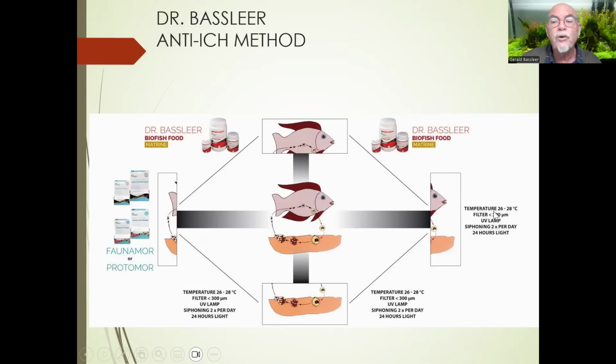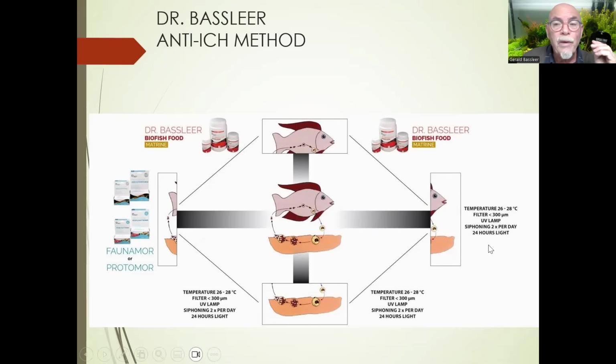But at the same time, you can help with a temperature increase and a fine filter mass smaller than 3 micron. Use a UV lamp that destroys white spot parasites. Siphon the bottom twice a day, particularly in the morning. Do that, and you eliminate parasites.